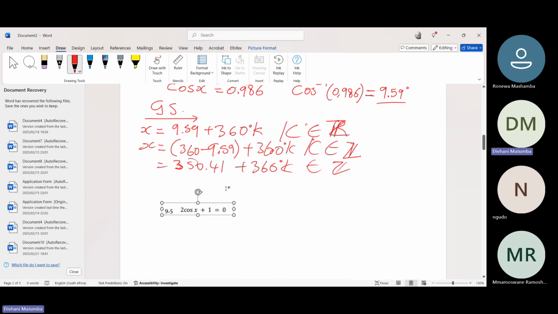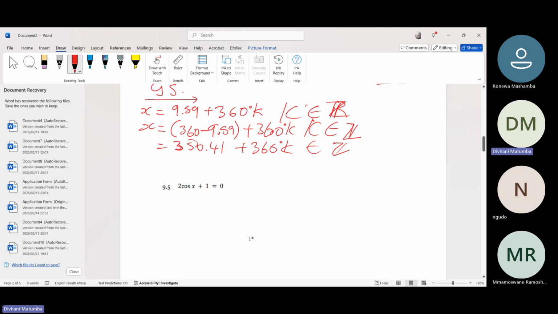Okay, let me put it there. Ronewa, how do we deal with this one? 2 cos x plus 1 equals 0. Where do we start? Mamswan.